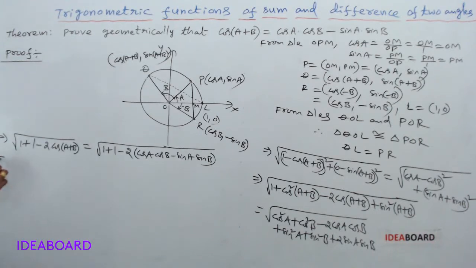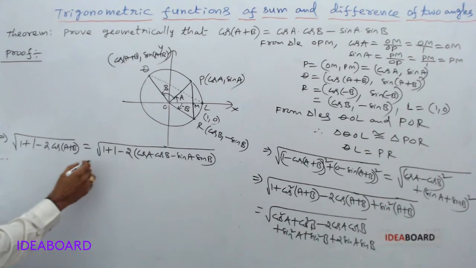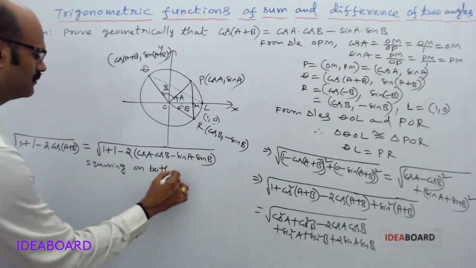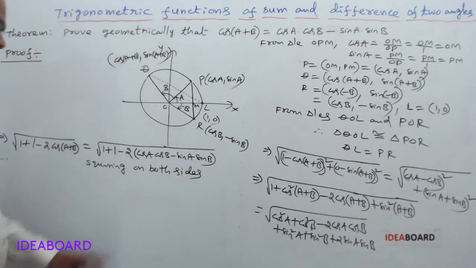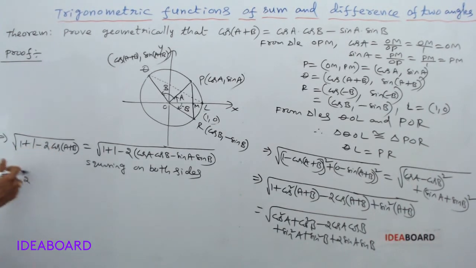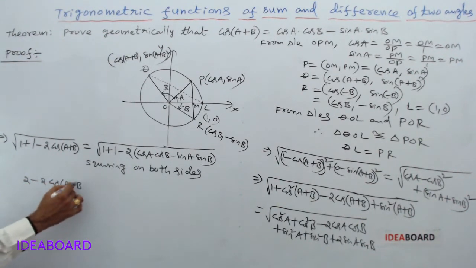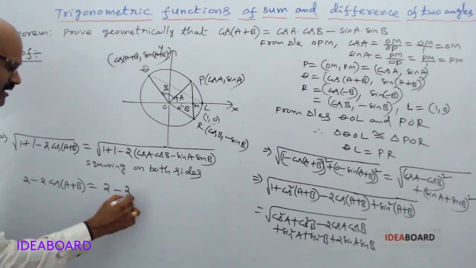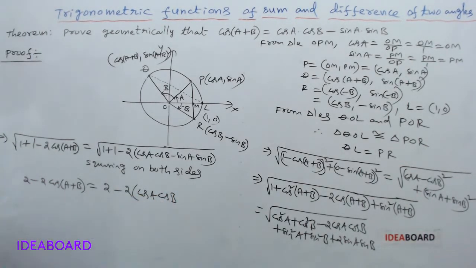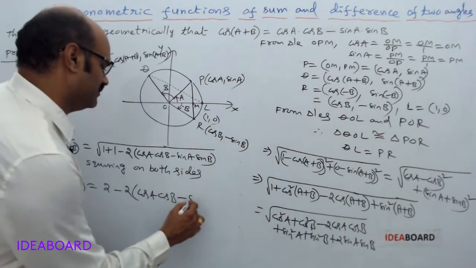It implies, squaring on both sides, we get 2 minus 2 times cos of (A plus B) equals 2 minus 2 times (cos A cos B minus sin A sin B).